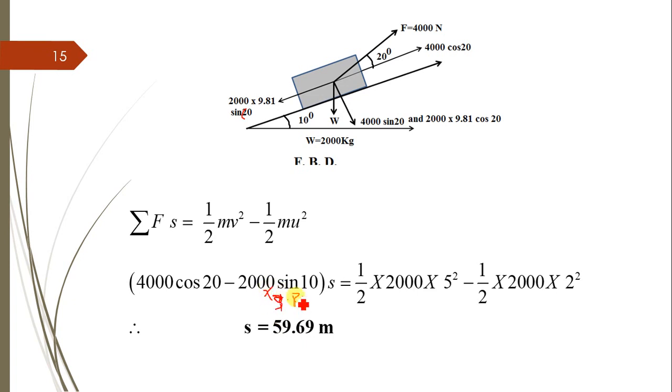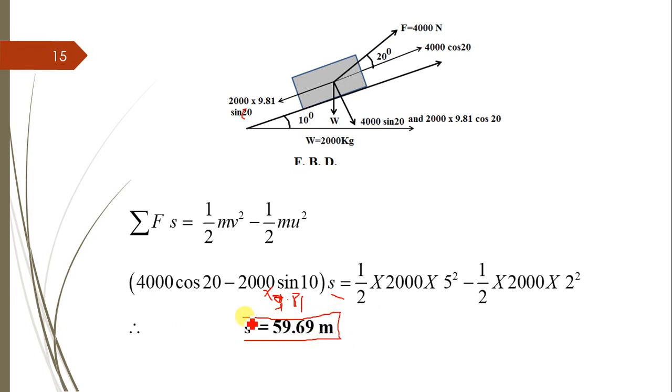So 2000 into 9.81 into sin 10 multiplied by the displacement is equal to half of m into v square. So mass is 2000 and v is given as 5, minus half of 2000 into u, where u is given as 2. Solving this, we get the unknown parameter value s as 59.69 meter.